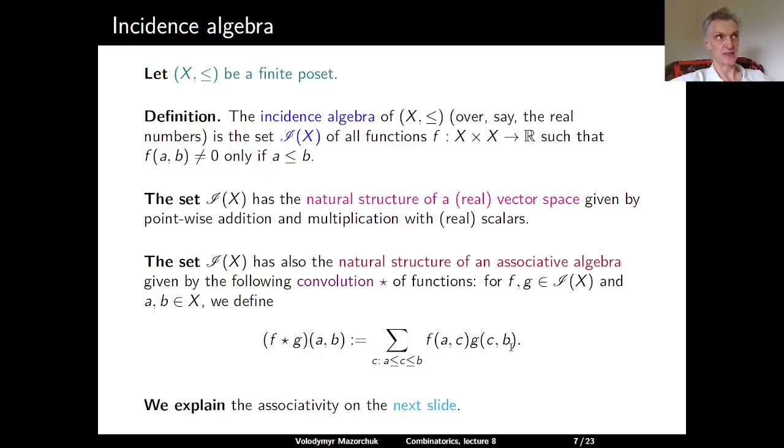And we explain why this is associative. From the formula directly it's completely unclear why such an operation should be associative. The associativity we explain on the next slide.